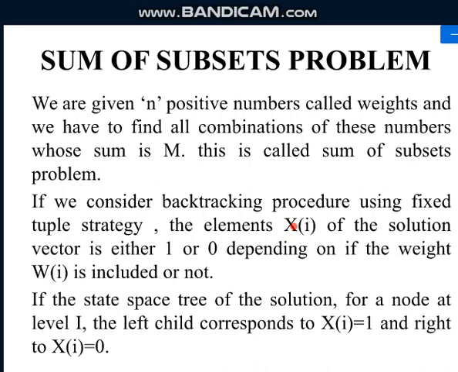Here you have taken it as 1 or 0. What does that 1 indicate? 1 indicates that you have included that element in your solution set or subset. 0 indicates you have not included that element in your subset. Look at this.